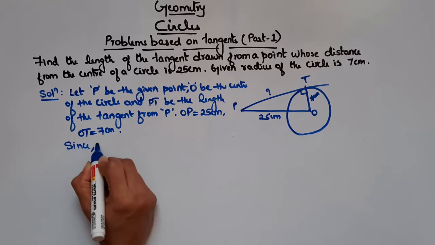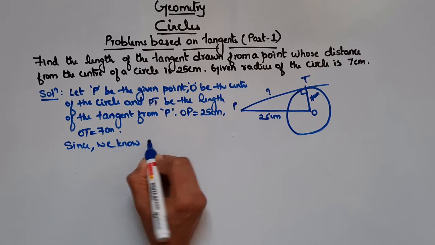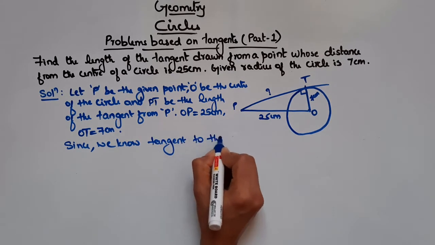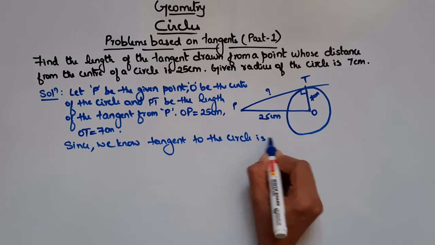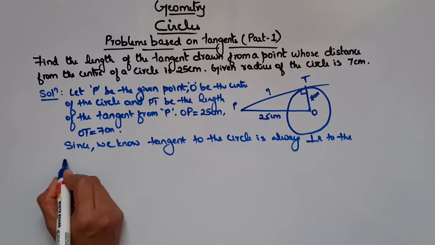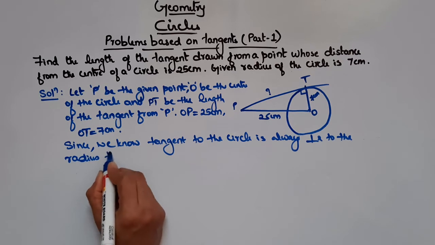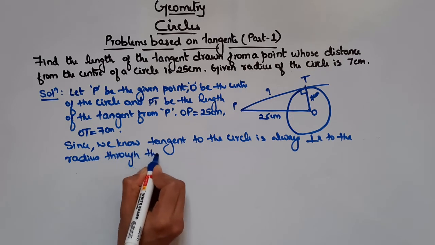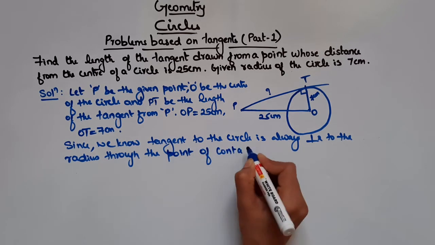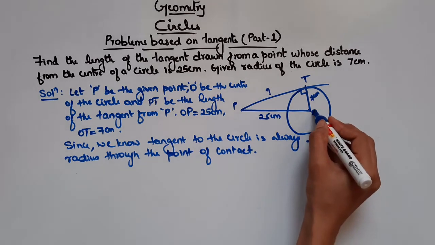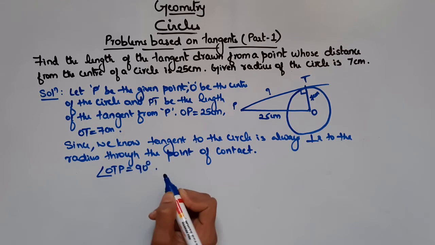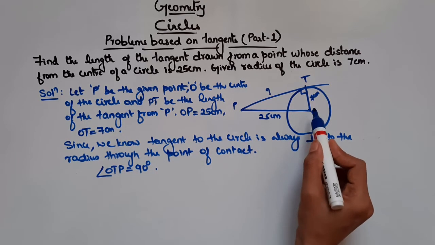Since we know tangent to the circle is always perpendicular to the radius through the point of contact, therefore angle OTP is 90 degree, right?